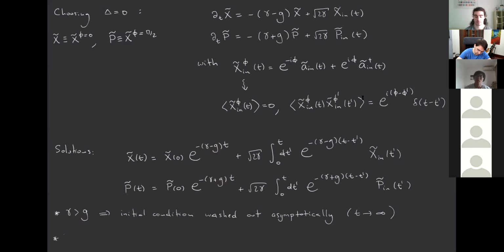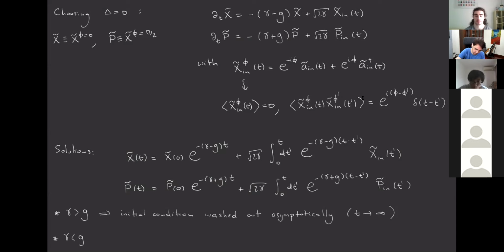However, if gamma is smaller than G, think what this means physically. If the down conversion rate is stronger than the losses in the cavity, then a lot of photons will start accumulating inside the cavity before they can go out of the cavity. And in particular, this tells you that the number of photons will increase exponentially.